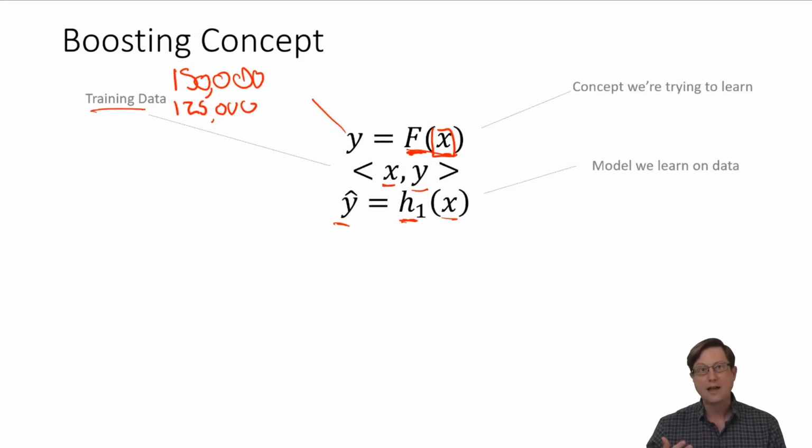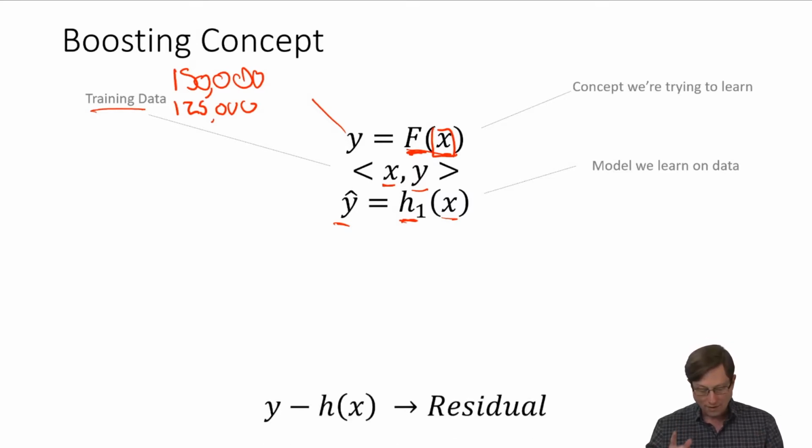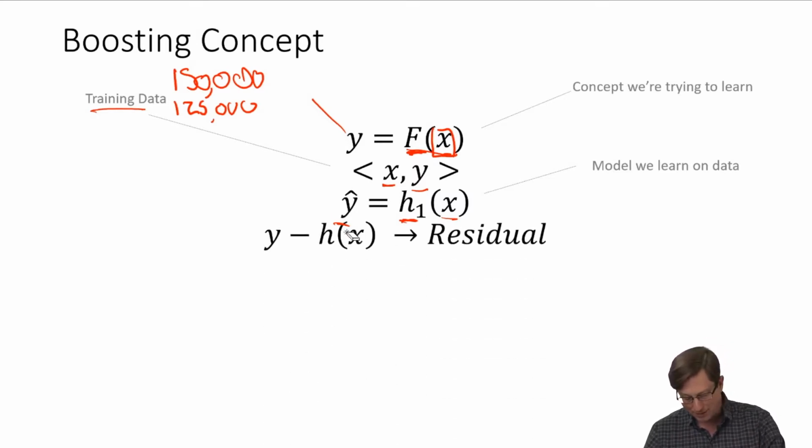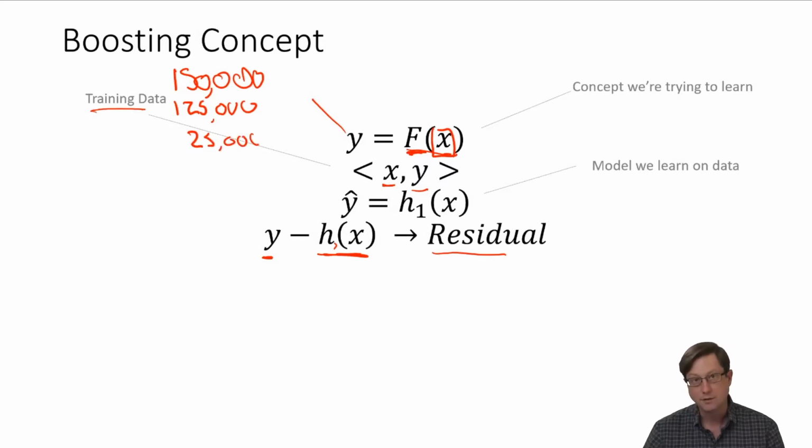Well, now you have a problem because H1 has predicted it wrong. So what can you do? Well, one thing you could do is say, how wrong did H1 predict that particular sample? And here, Y minus H1's prediction is equal to the residual. In this case, the residual would be $25,000.